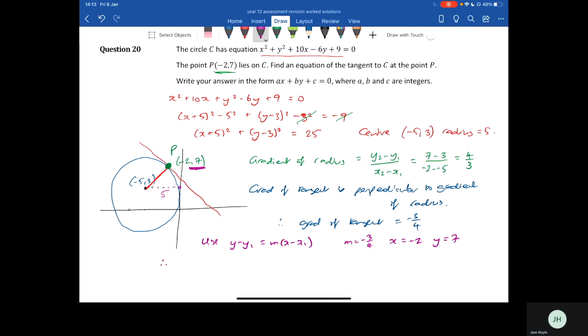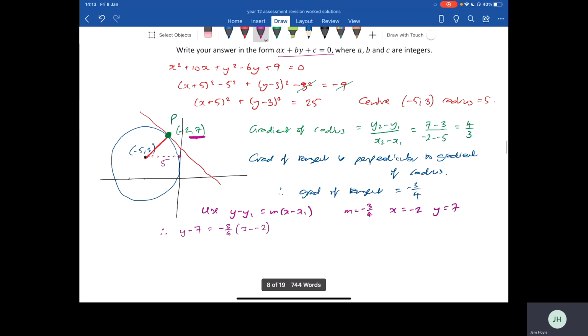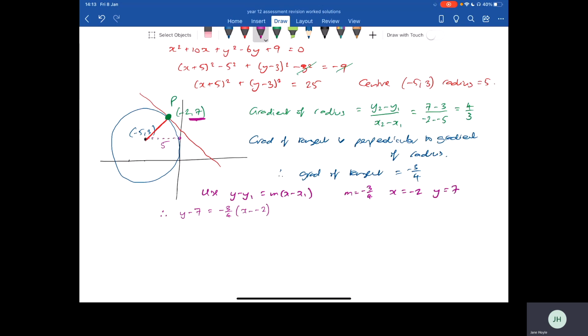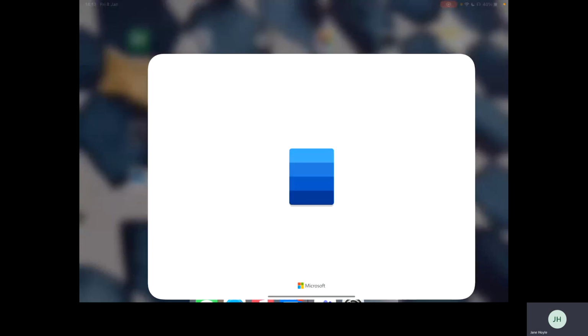So y minus y1, which is 7, is equal to m, which is negative 3/4, times x minus x1, x take away negative 2. It wants me to write it in a form with no fractions, everything on one side. So I'm going to multiply both sides by 4. Oh dear.